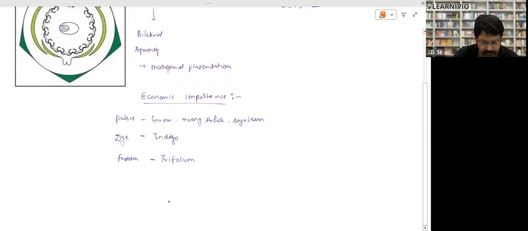Then sweet pea, an ornamental plant. In ornamental plants, sweet pea, that is called garden pea. It belongs to this family, and that's it. You have to remember these examples. Clear?